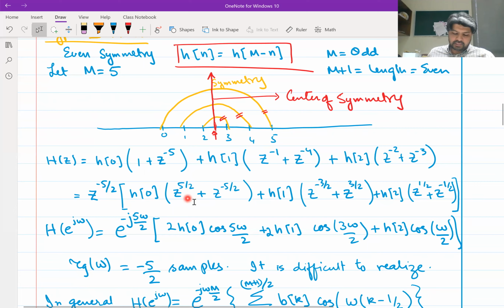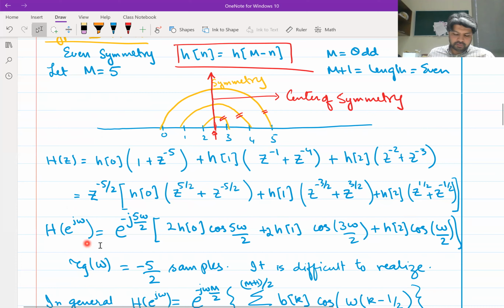That would change things in this manner. ठीक है, h0 times z to the power 5 by 2 plus z to the power minus 5 by 2, z to the power minus 3 by 2 here, plus 3 by 2 here, plus 1 by 2 here, minus 1 by 2 here. ठीक है, so again you have written this in the form कि अब आप h of e to the power j omega बहुत easily लिख सकते हैं.